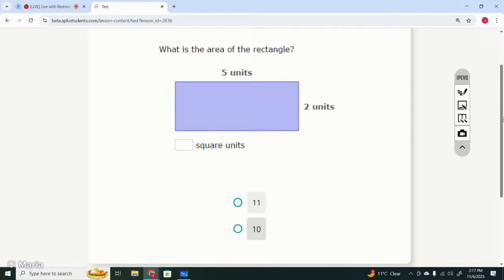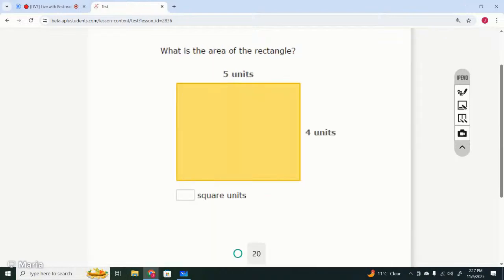That is 2 times 5. The correct option is 10. Option number 2 is the correct option. What is the area of the rectangle, which is the correct option?